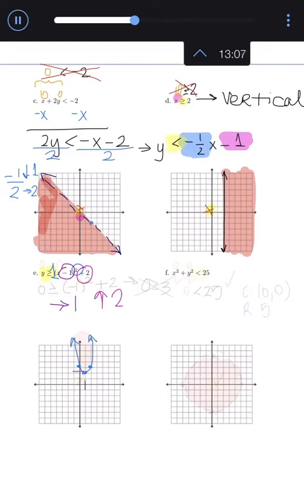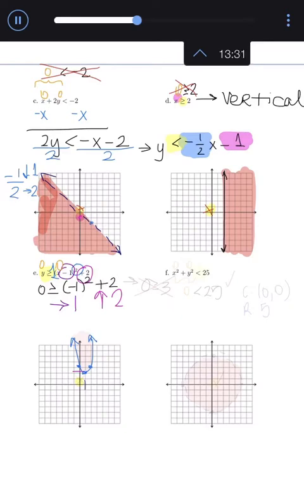So I'm going to test 0, 0. Luckily, that is not on my parabola. So there's 0, 0. Let's plug in a 0 for y and a 0 for x. So if we plug in a 0 for y, that gives us 0 is greater than or equal to. Well, on the right-hand side, that gives us 0 minus 1, which is negative 1 squared plus 2.